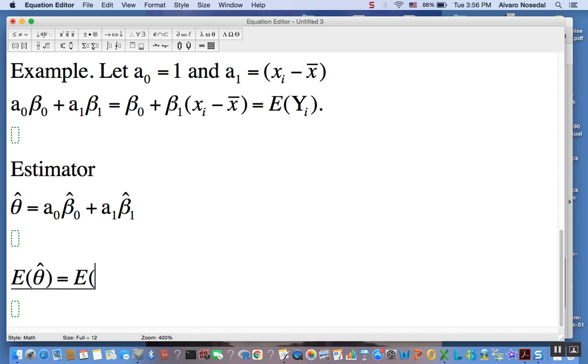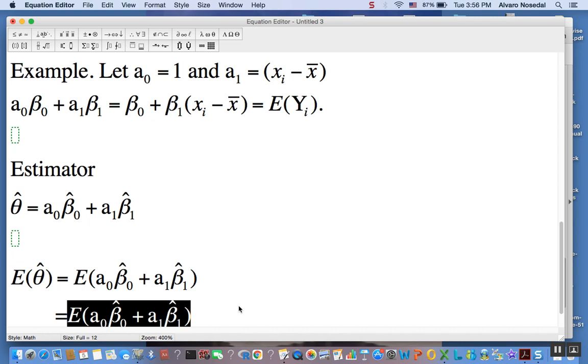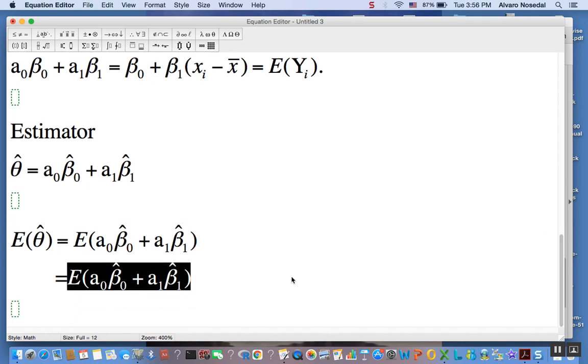This is the same as the expected value of that linear function. Now from statistics 256, if we want the expected value of a sum, that is the same as the sum of expected values. If we are talking to one of our mathematician friends, that's because the expected value is linear.